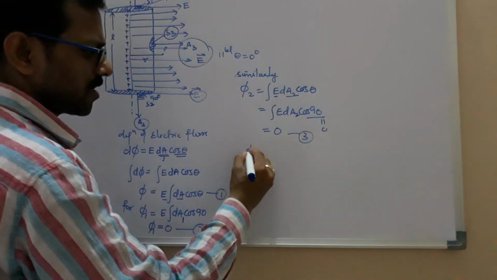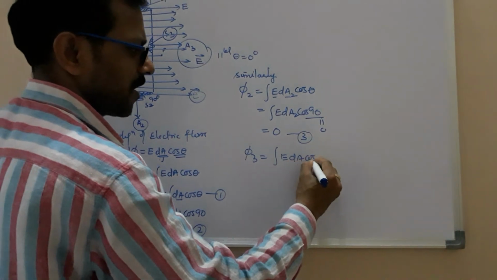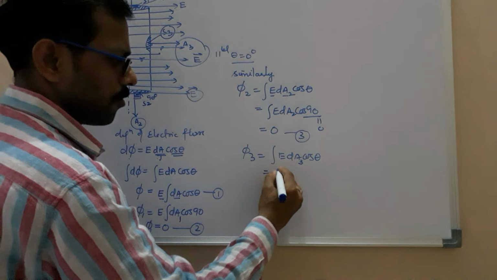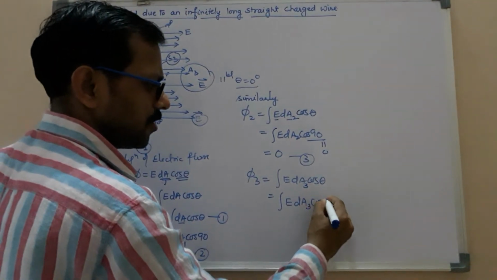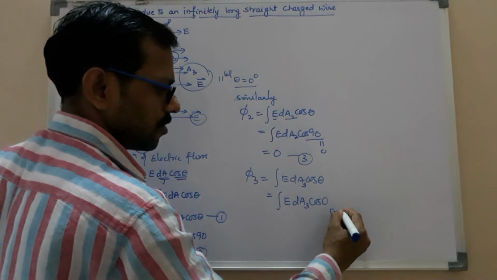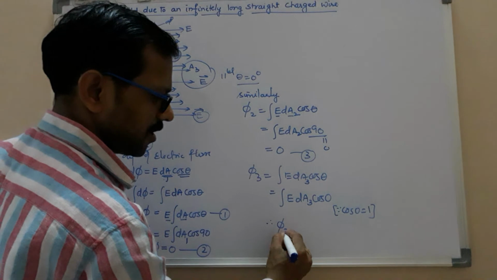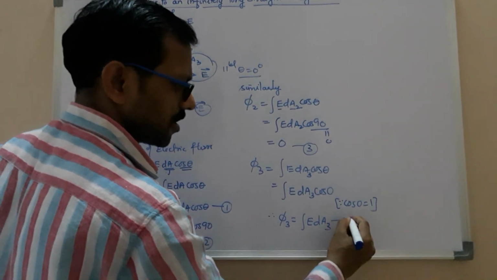Now for the third surface, this is E dA cos theta, and what is theta here? For the third one it becomes E dA3 cos 0. Since cos 0 equals 1, phi 3 equals E dA3. So this is equation number 4.